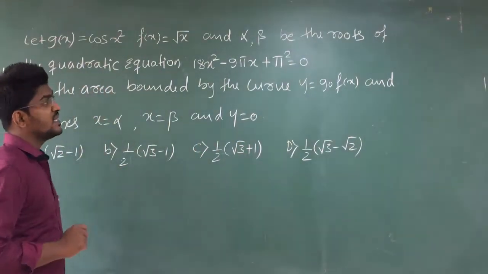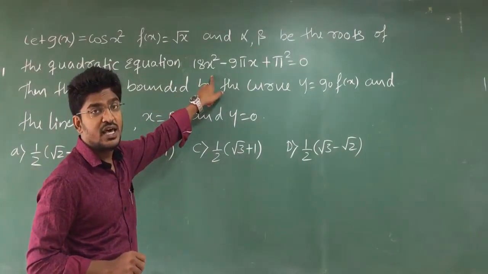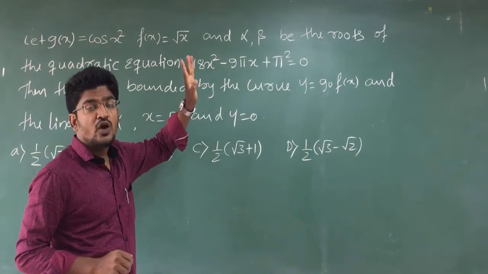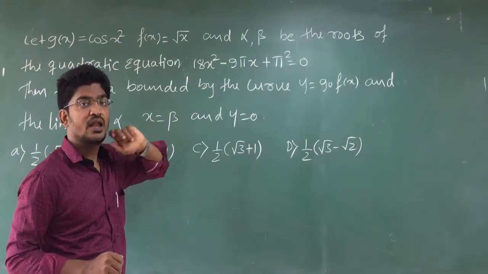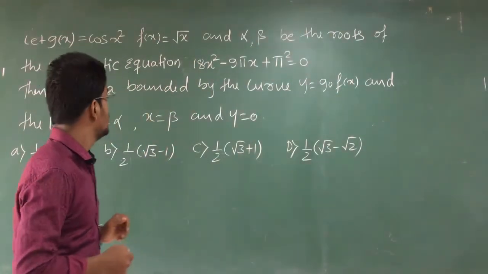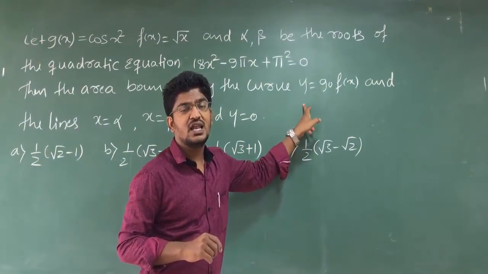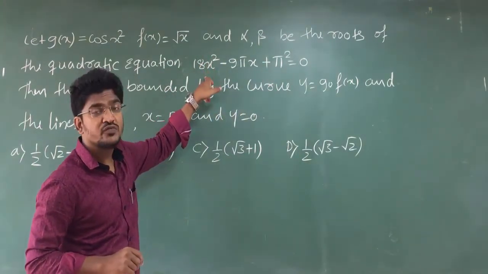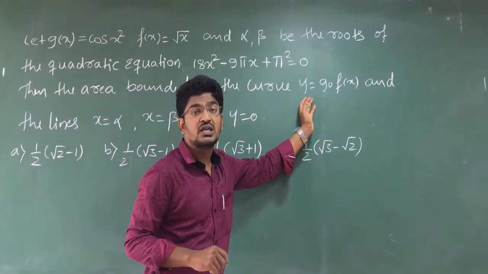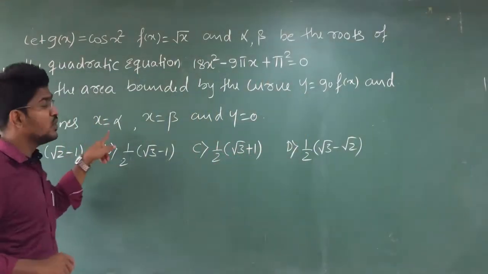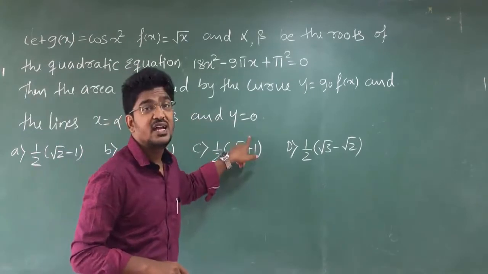Okay, so what is given here? Alpha and beta are the two roots of this quadratic equation. So now we have to solve the roots of this quadratic equation; you have to calculate what alpha and beta are. After getting alpha and beta, what are they asking? The area bounded by the curve g of f of x, at x equal to alpha and x equal to beta, the roots of the quadratic equation, and y equal to 0.